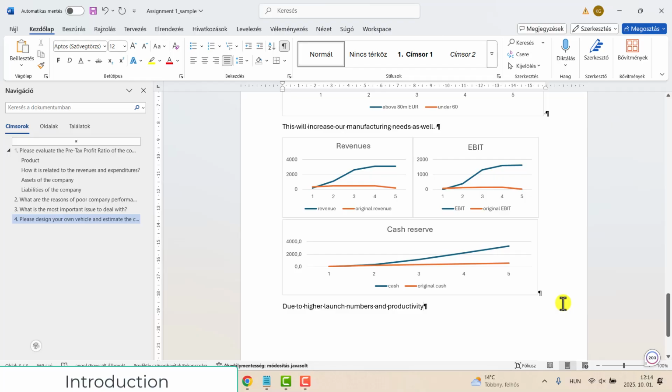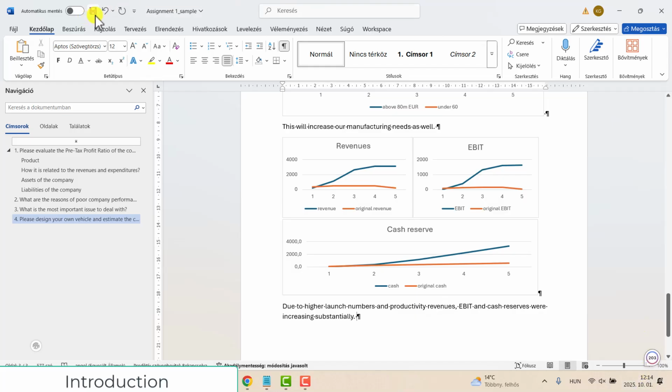We are saving work hours and manual labor, so this is productivity at the end of the day. Revenues, EBIT, and cash reserves were increasing substantially.